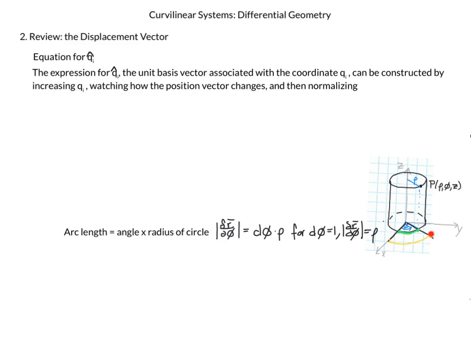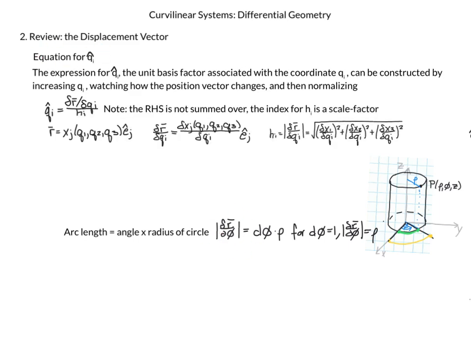But out here, with a larger radius, if we change phi by a little bit, p can change more. So again, the basis vector is going to change according to where you're located, in this case, according to your radius when changing phi. In our last video, we used this arc length formula to discuss how far p would change for a small change in phi.